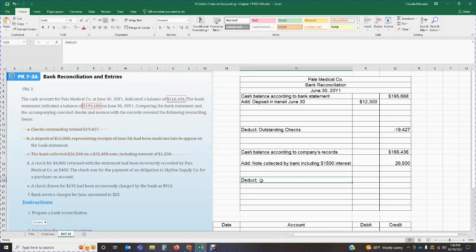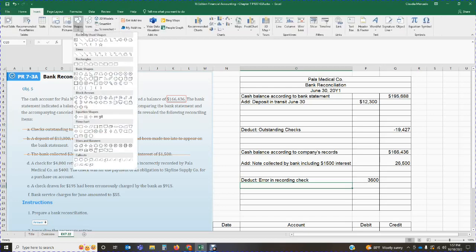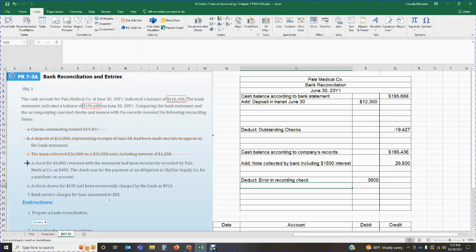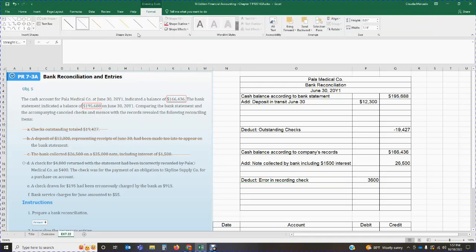So we deduct, error in recording check, $3,600. That way that $3,600 plus that $400 brings me up to the $4,000, which is the correct check amount. That takes care of letter D.